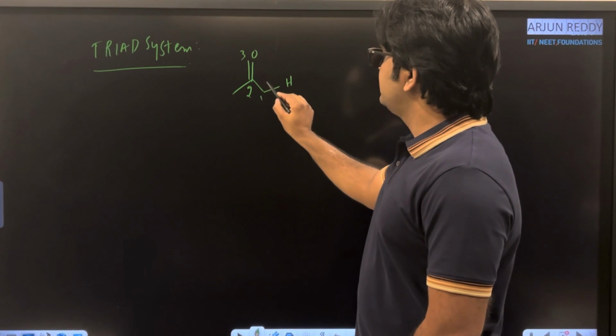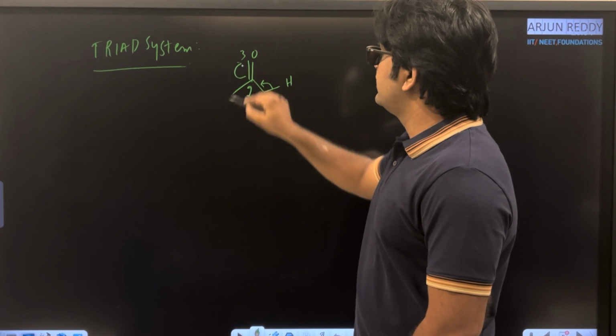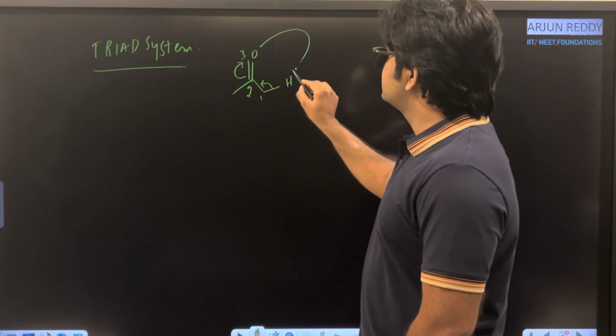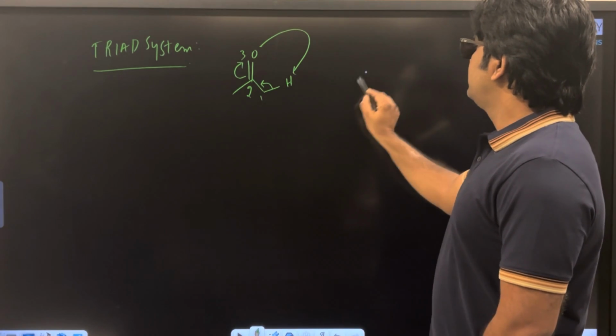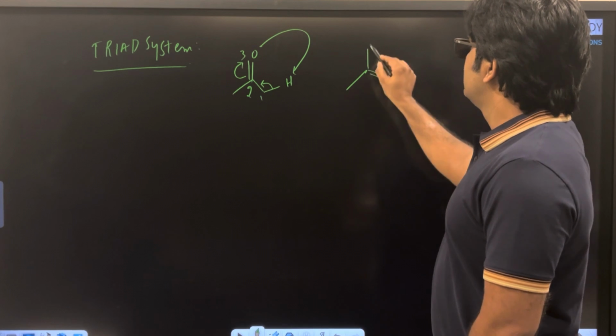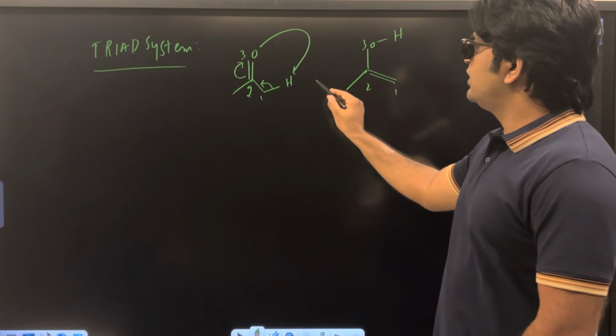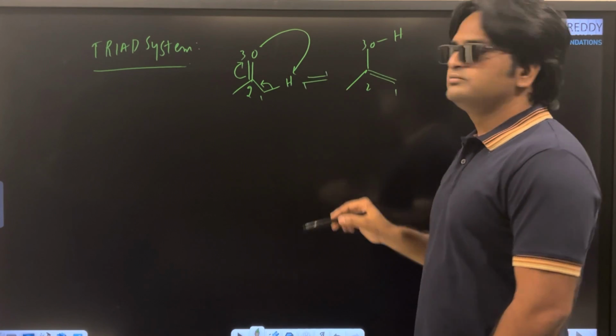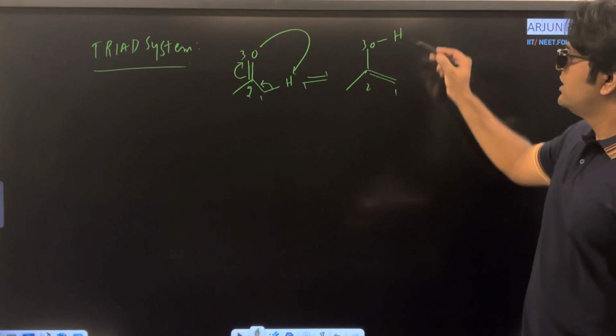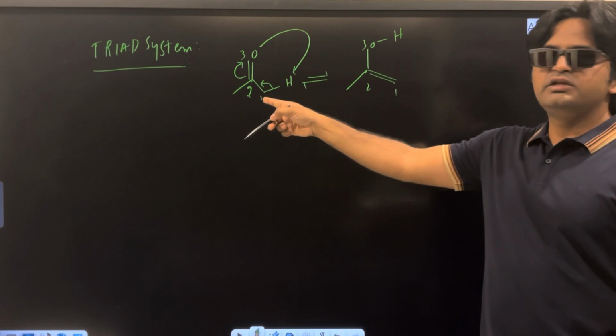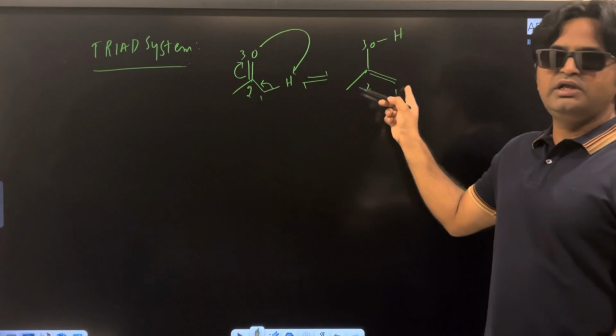Now here I am shifting sigma bonding electrons and pi bonding electrons. So this oxygen atom is receiving the proton. It produces the enol form, OH. Again, if you want to get the same keto form, how are we transferring hydrogen? 3 to 1, you get this one. Again from 1 to 3 you get the enol form.